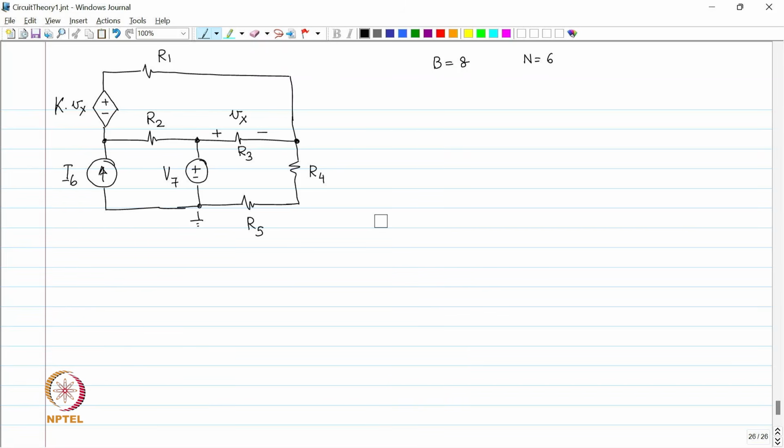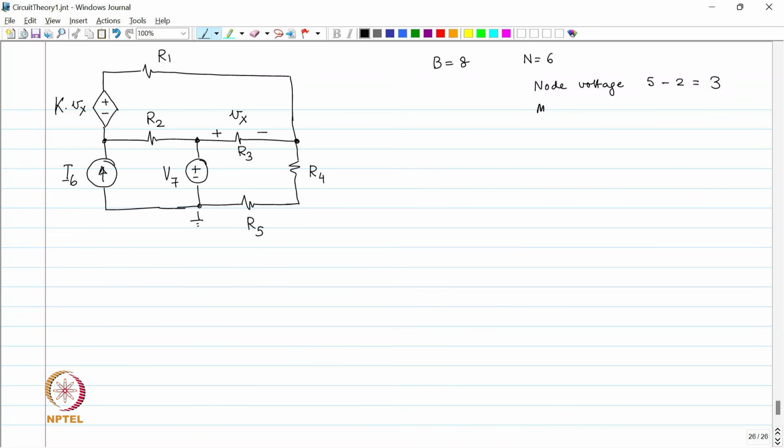So, if you use node voltage method, how many equations? 5, out of which how many are voltage sources? So, you expect to write 3 equations if you use the node voltage method, right. 2 equations you can't write.